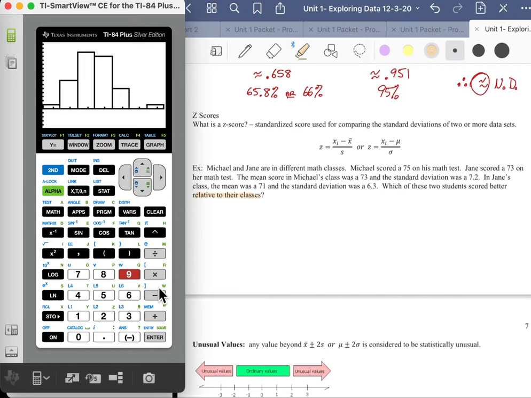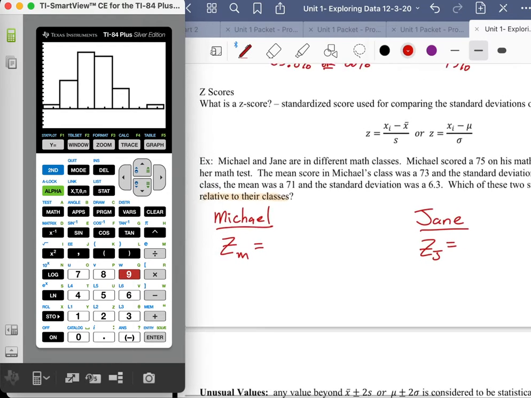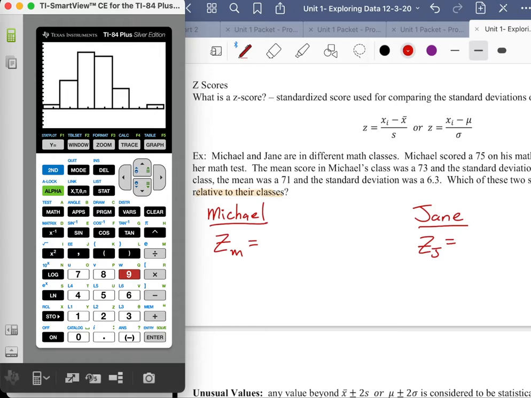So we find the z-score for Michael. So z sub m. And then we'll find the z-score for Jane. The x sub i value is an individual data point. The x bar and the s are the averages.